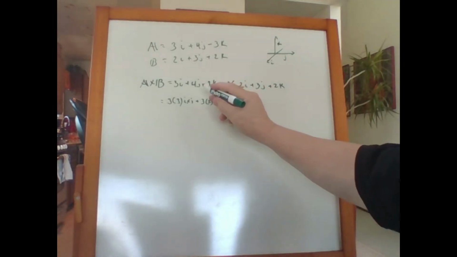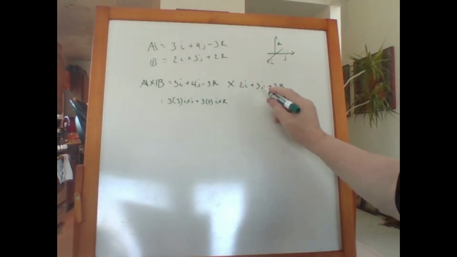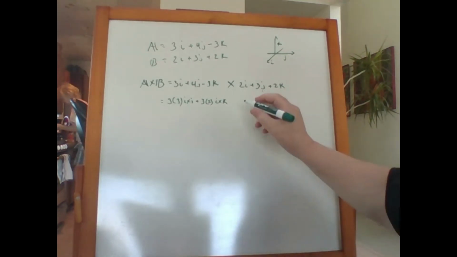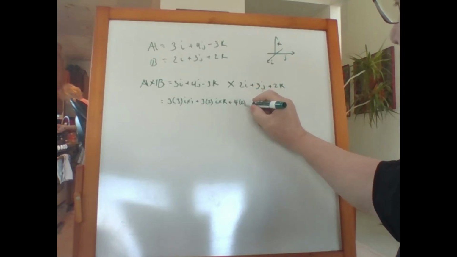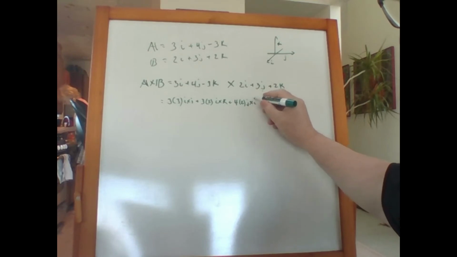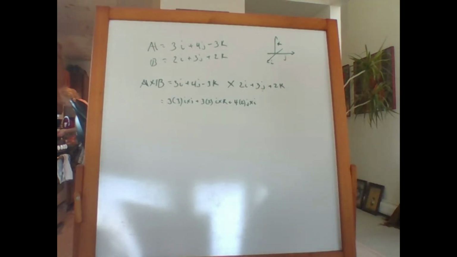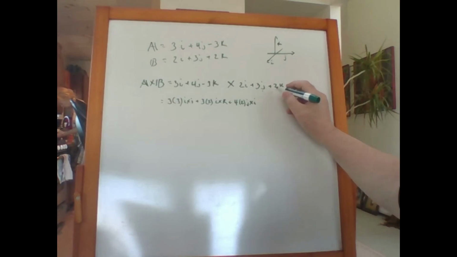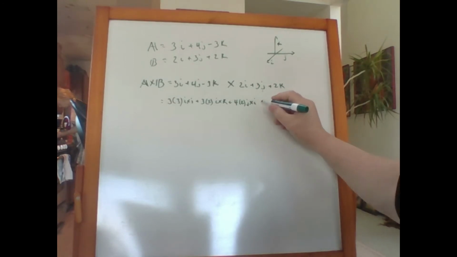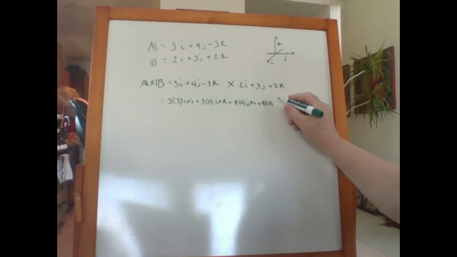Now we have the j component. So remember, j cross j is 0. So we have plus 4 times 2 j cross i. Remember, the order is very important. You don't lose that order in cross products. Okay, 4j times 2k, so we have plus 4 times 2 j cross k.